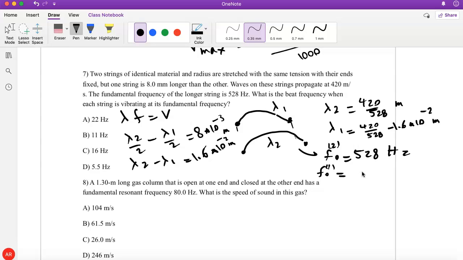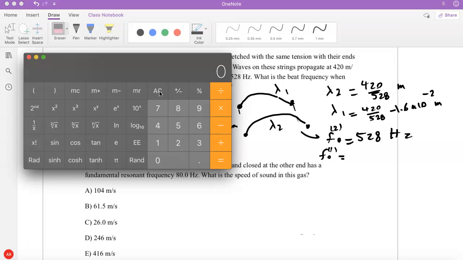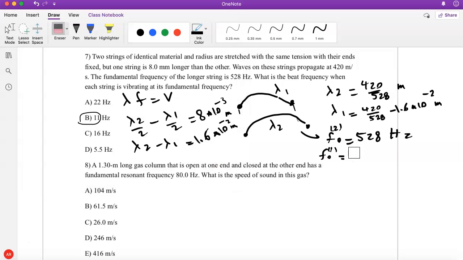At this point I probably want to use a calculator. So this is going to be v divided by lambda 1, which is 420 divided by lambda 1.